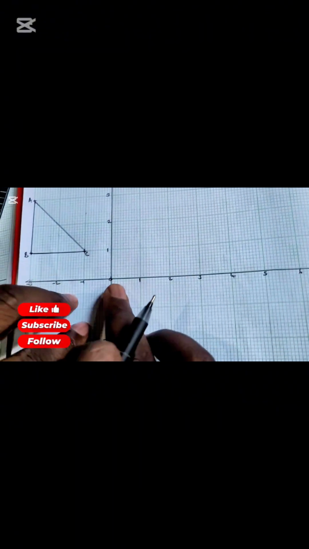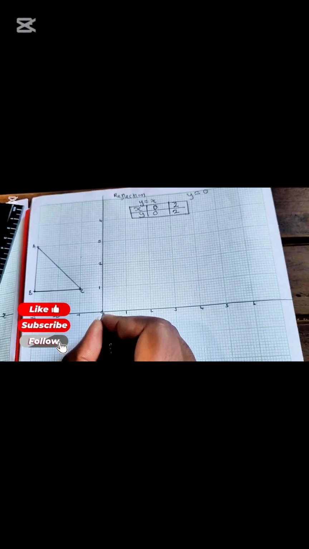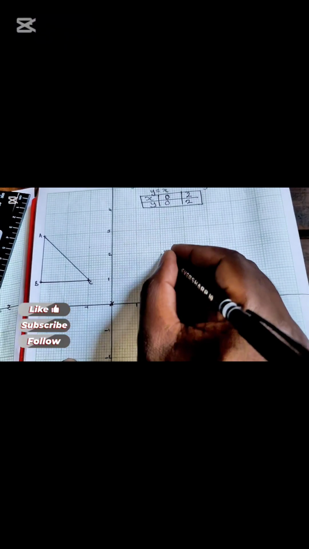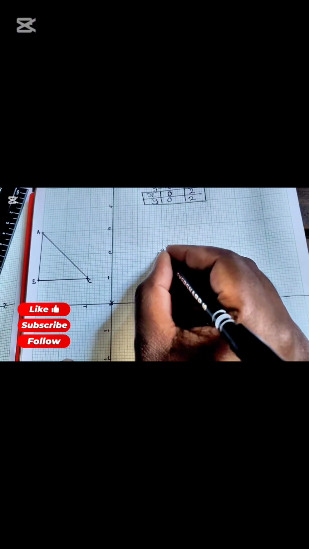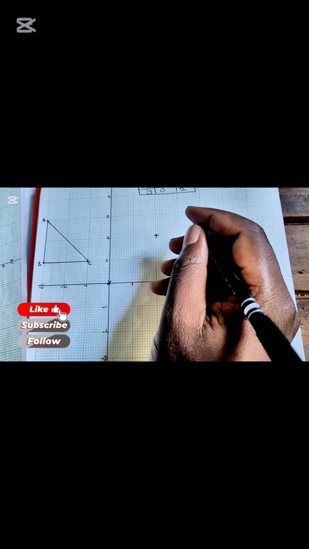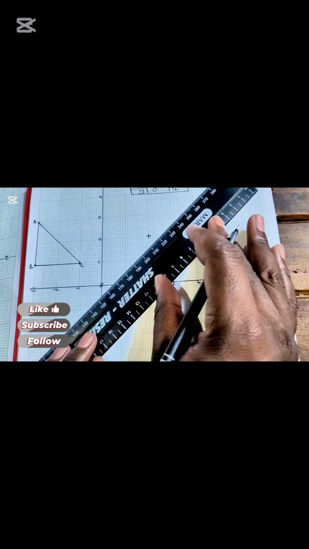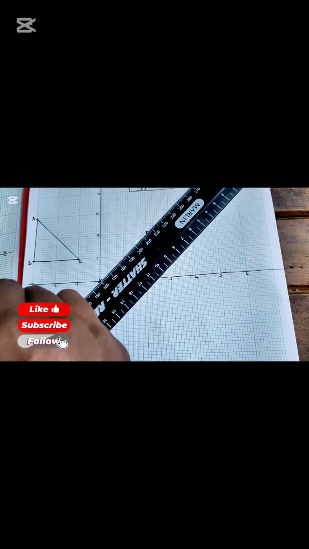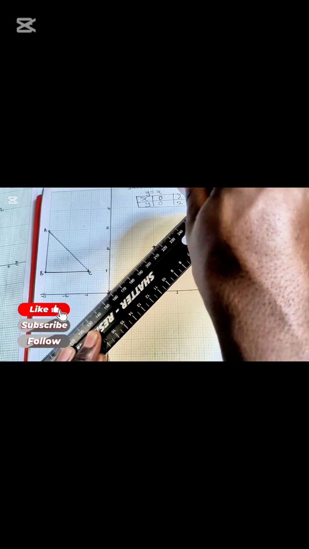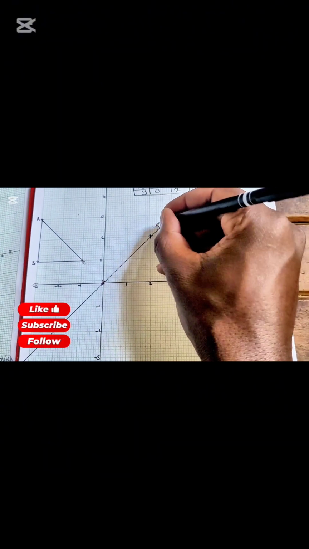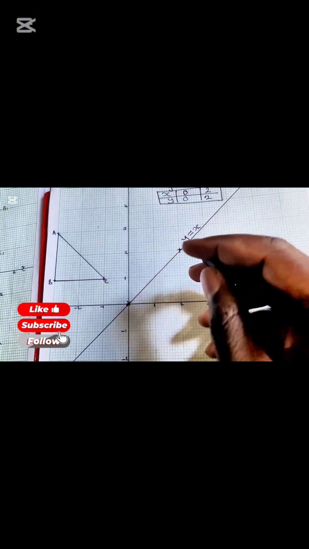So we plot these coordinates, 0 and 0, then 2 and 2, that's this side. We draw this line passing through these coordinates. So this line is y is equal to x.